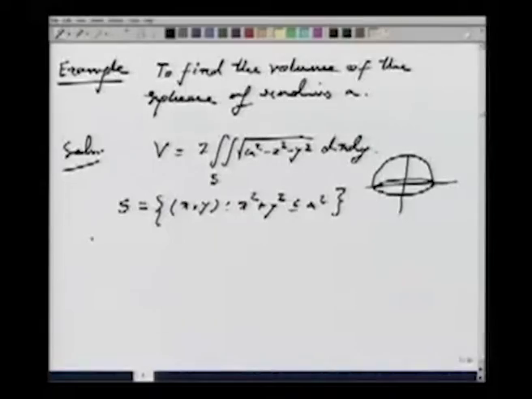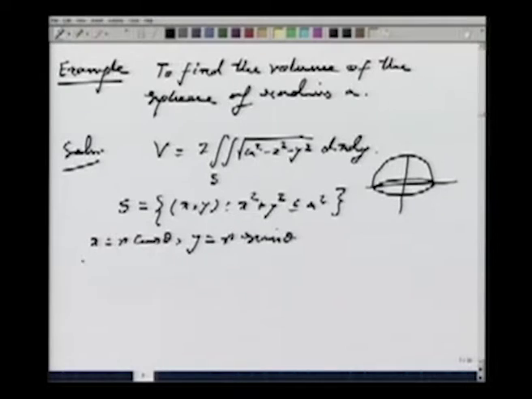Now looking at this integral, I can very easily see that it is the situation where I should use polar coordinates. So use polar coordinates, x equal to r cos theta, y equal to r sin theta. Then what do I get?